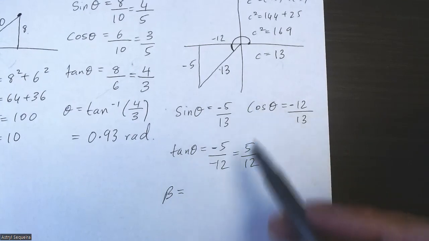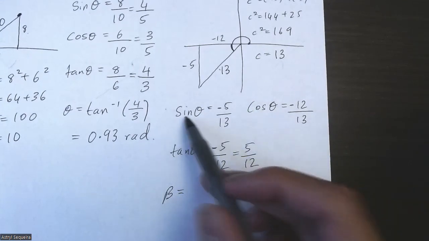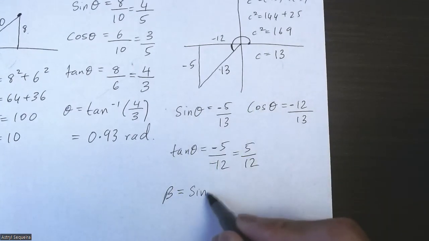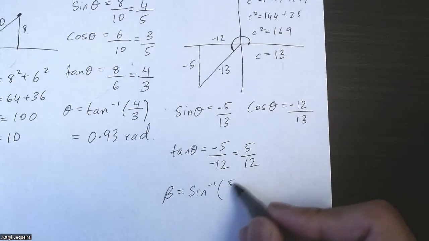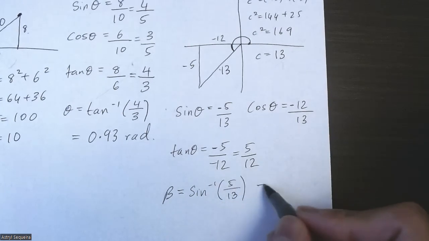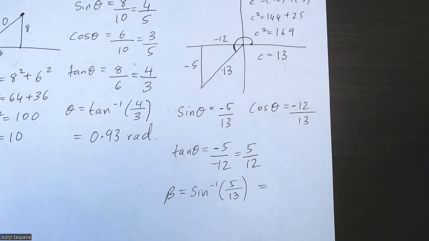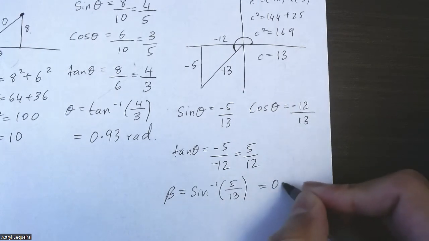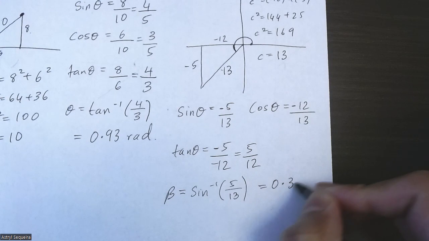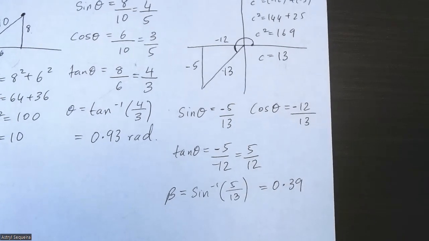So let's say I'm using sine, of course, because tan doesn't have any negatives. I'm going to do the sine inverse of positive 5 over 13. Don't include the negative because this is going to give us our acute angle. So I get my acute angle to be 0.39 if I round to 2 decimal places.